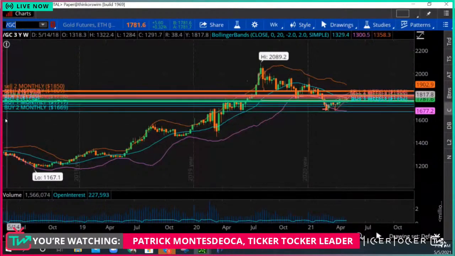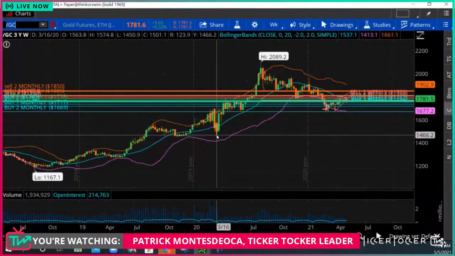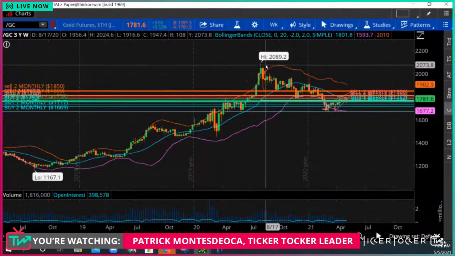The gold market made a low of 1167, on March 16 made a low of about 1450, and we saw a high of 2089.